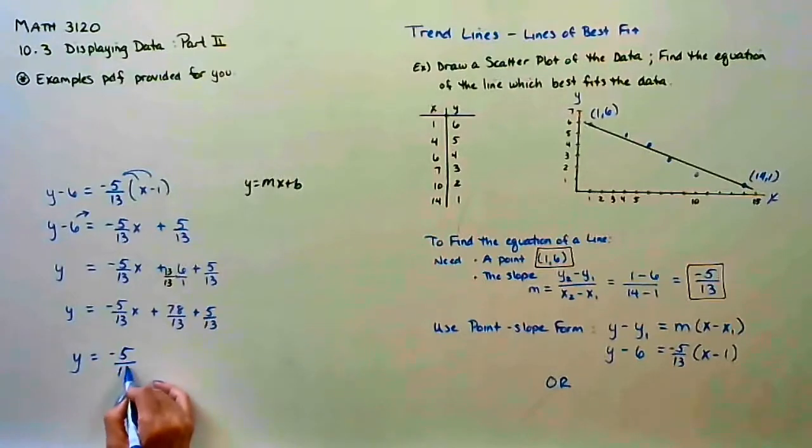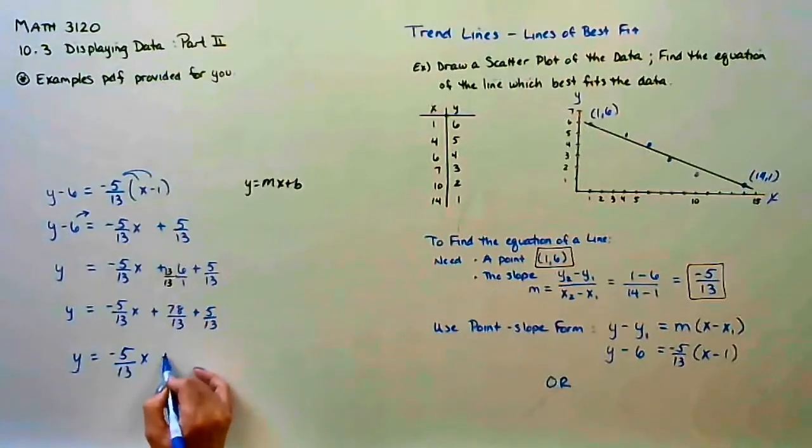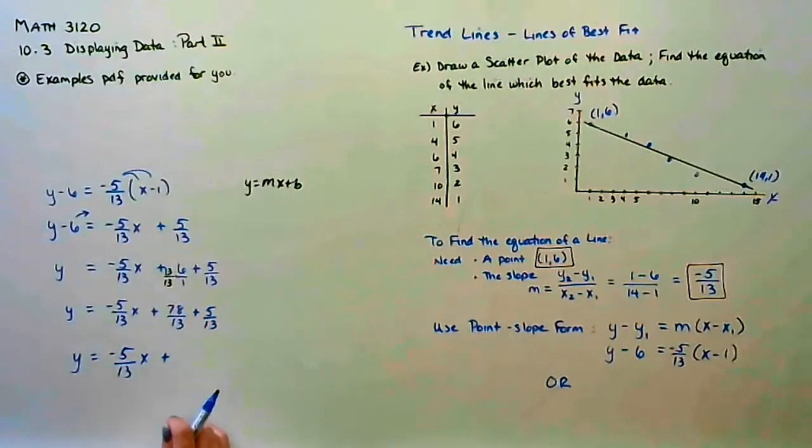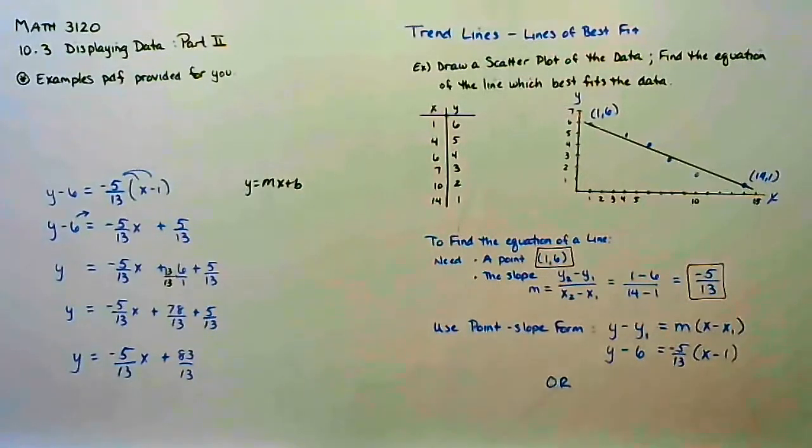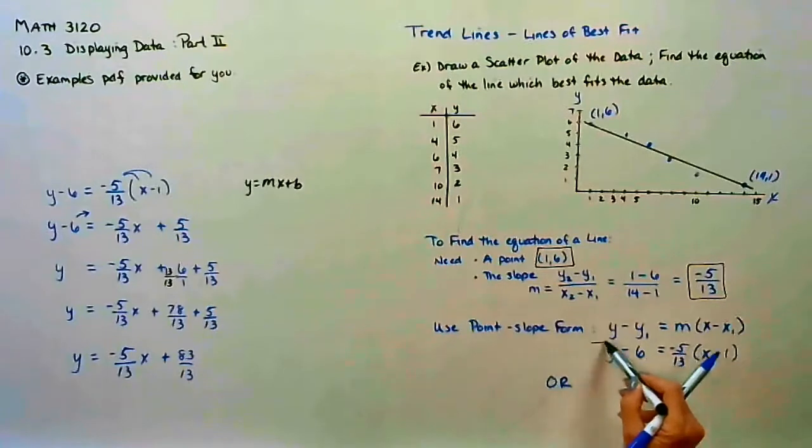So that gives me 78 over 13 plus 5 over 13. Our final equation, if you're more comfortable having it as mx plus b, would be y = -5/13 x + 83/13.